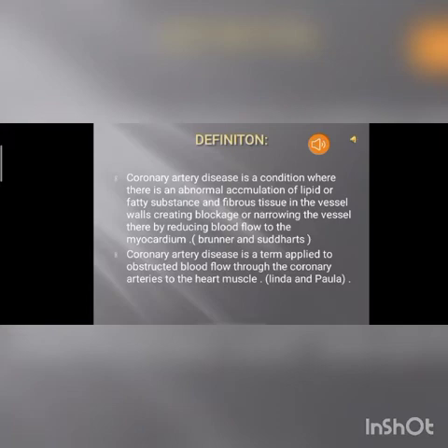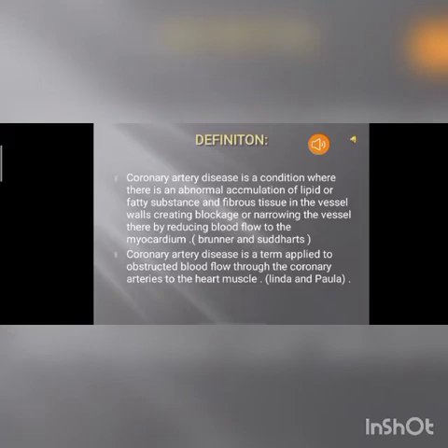So when there is narrowing or blockage of the vessel, there will be less blood flow to the myocardium, our heart muscles, so there will be less oxygen supply, which will lead to coronary artery disease.